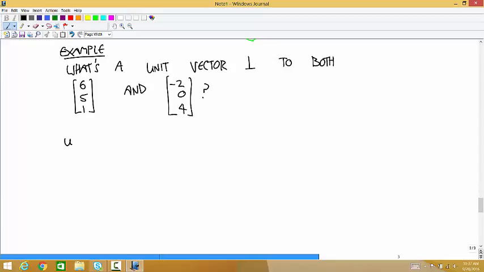Well, a vector that's perpendicular to both of those you get just by taking the cross product. So I'll go 6, 5, 1 crossed with negative 2, 0, 4.